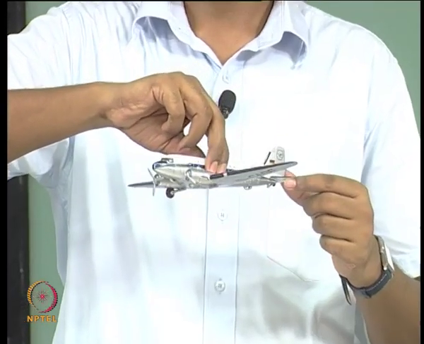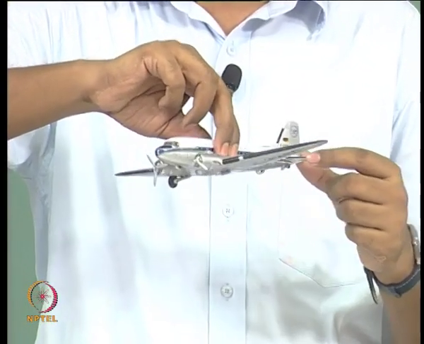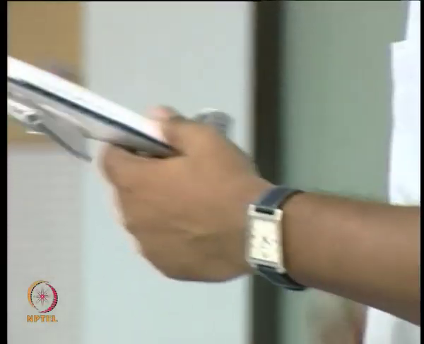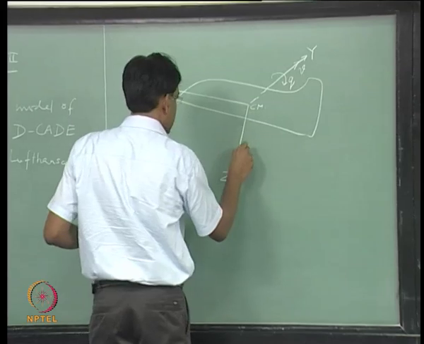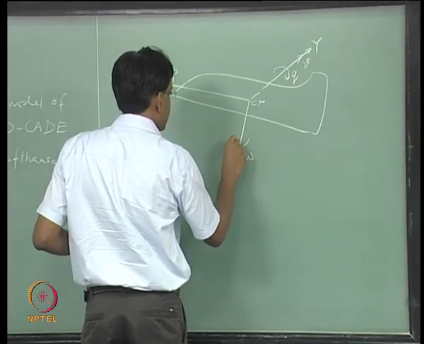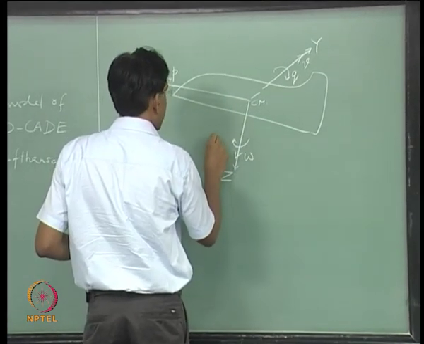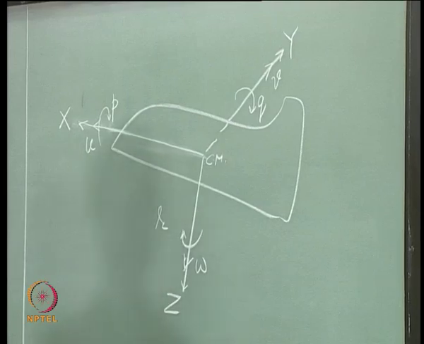So, this is called a positive yaw motion, and the associated variable to that is r.